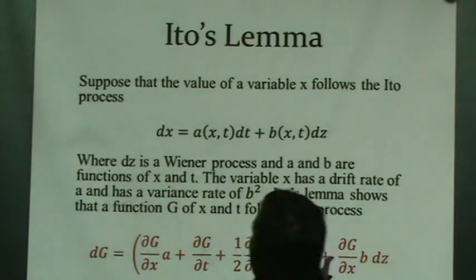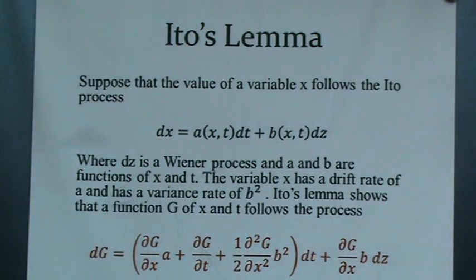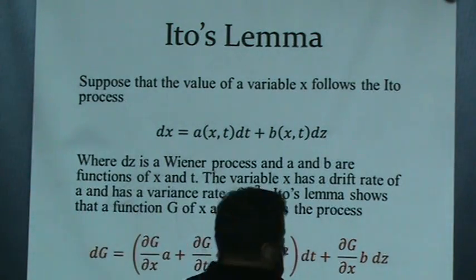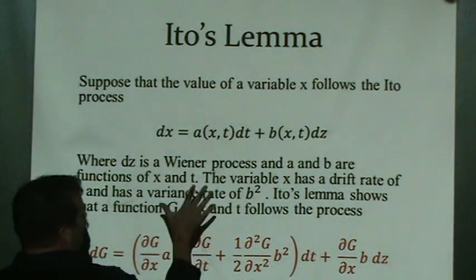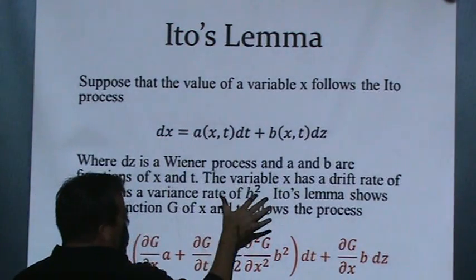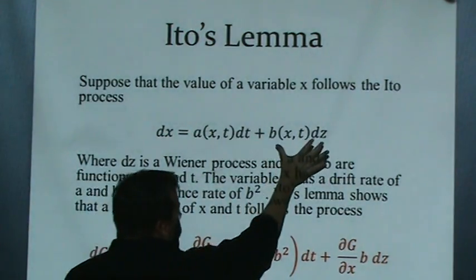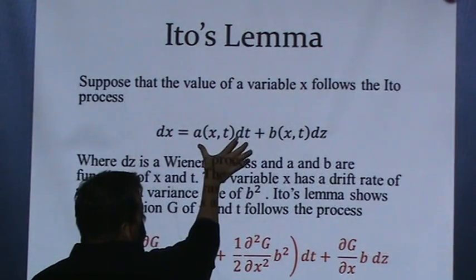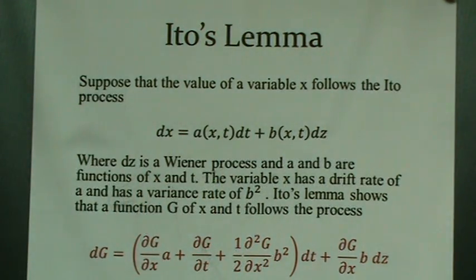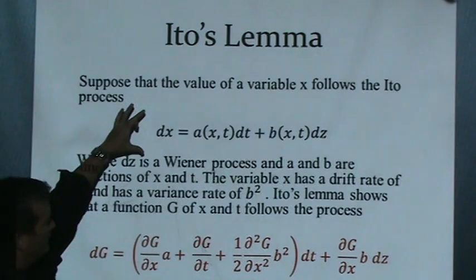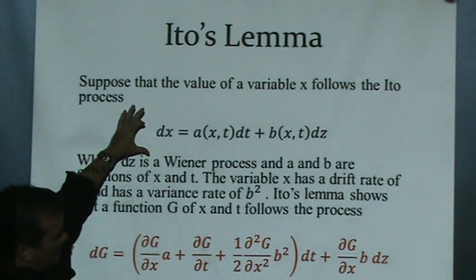I wanted to go back, this is the main Ito's lemma. It's a statement about not Riemann sum calculus, but stochastic calculus, calculus when a Wiener process is involved. You can't use normal calculus. So the statement, and it's a powerful statement, is this. If you have a process that is modeled with a Wiener process and a normal mathematical function times time, put those two together, this is called an Ito process.